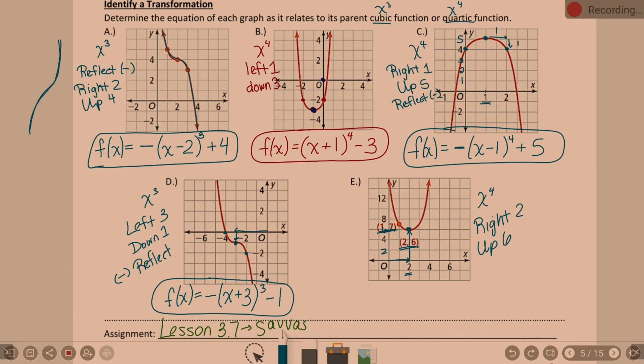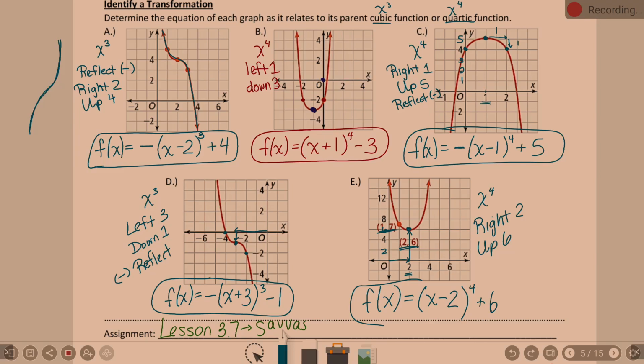F of x equals, what are we writing? X minus 2, to the fourth, plus 6.